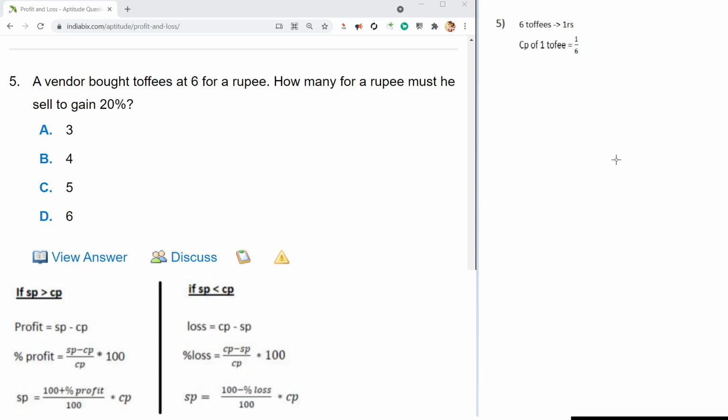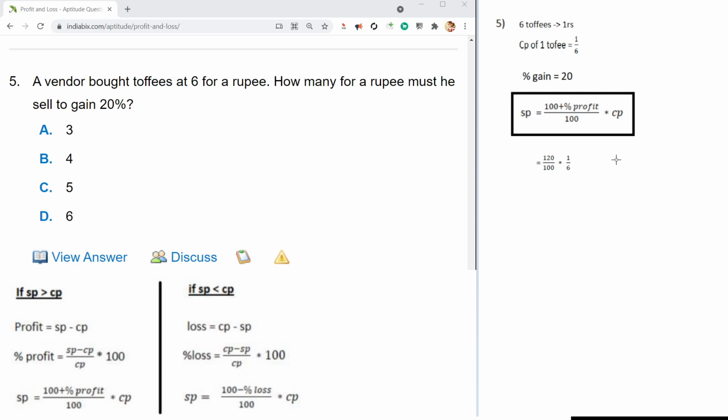Cost price of 6 toffees is 1 rupee, which means cost price of 1 toffee is 1 by 6. And it is mentioned that percentage gain is 20. We know the formula, selling price equals 100 plus percentage profit by 100 into CP, which means SP is equal to 100 plus 20 by 100, that means 120 by 100 into cost price of 1 toffee, 1 by 6.